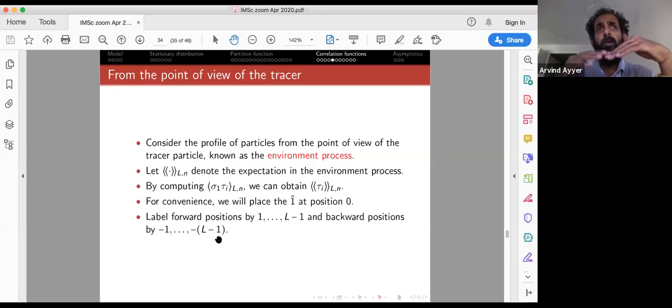Of course, position L minus 1 in front is the same as position -1 behind. That's clear. But we want to take the limit as L goes to infinity, in which case we will get something on Z. So then they need not be related.